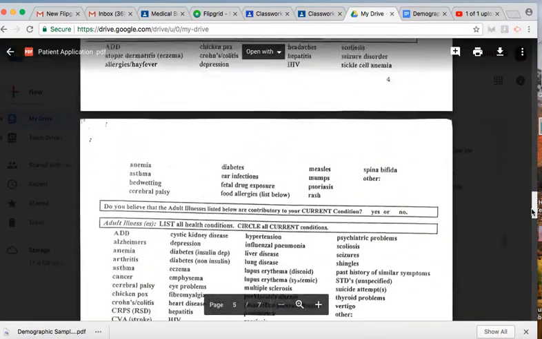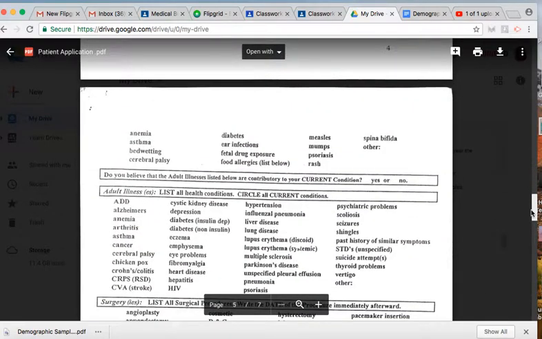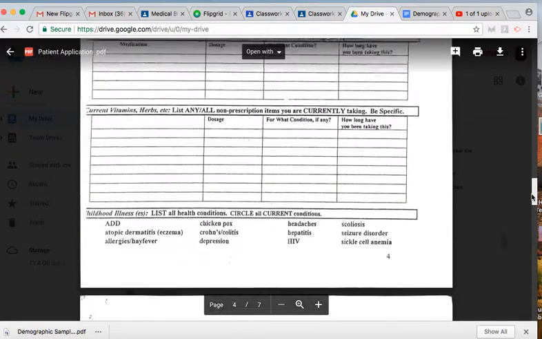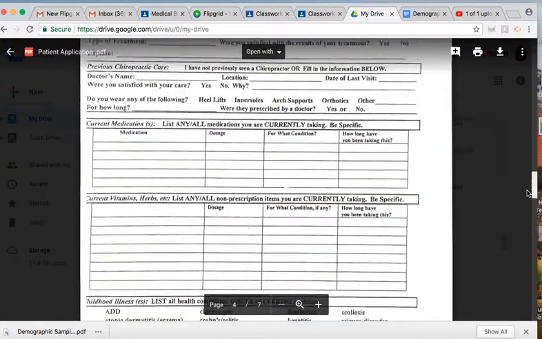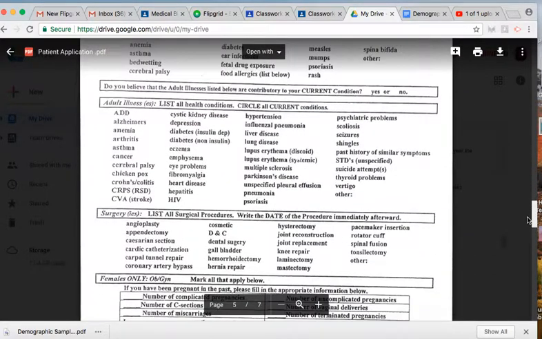So let's say here, I just went down a little bit to where we have adult illnesses, childhood illnesses. I'm going to go back up and explain this in a minute. But you have your adult illnesses.